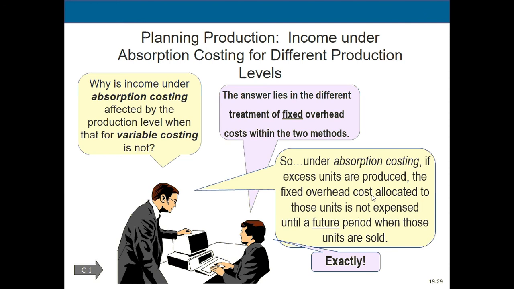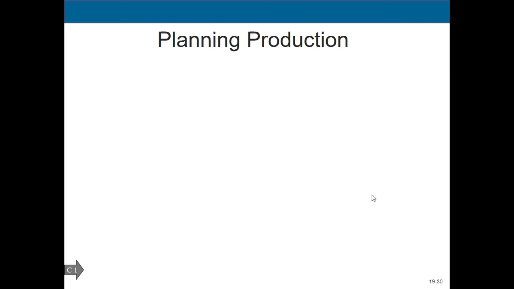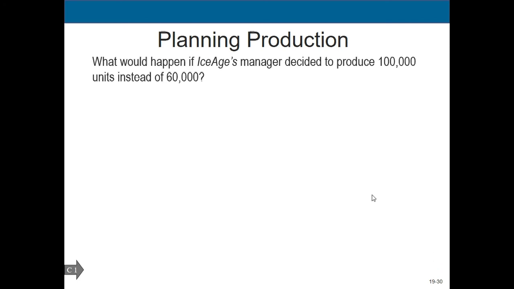We can talk about it until we're blue in the face, and we can look at these slides until we're absolutely probably purple in the face, and we really might not get it until we start to work with it. All right, so again, under planning production, and here's where we start to understand the why. Just think about the fact that a production manager, somebody who is in charge of the factory, probably gets an incentive bonus on the net profit of the company, right?